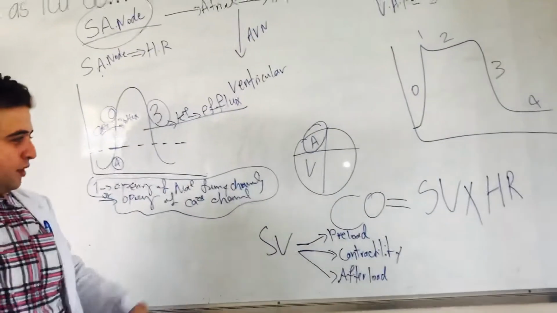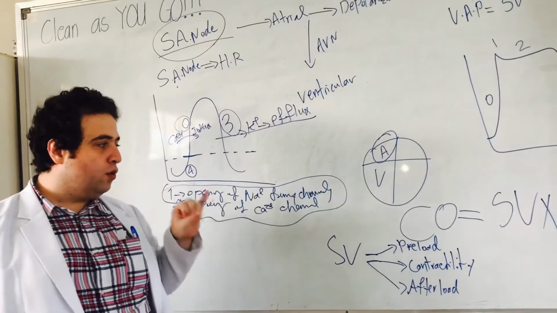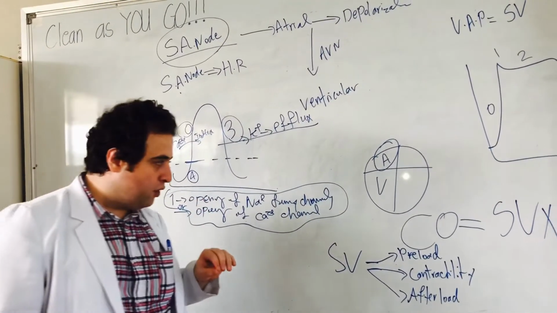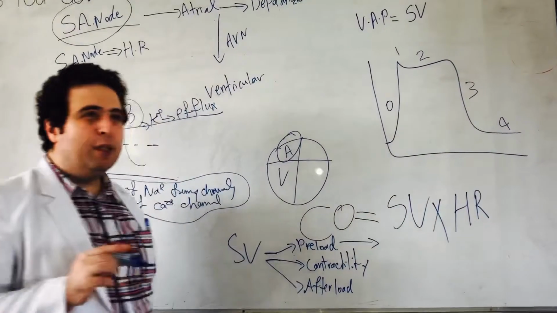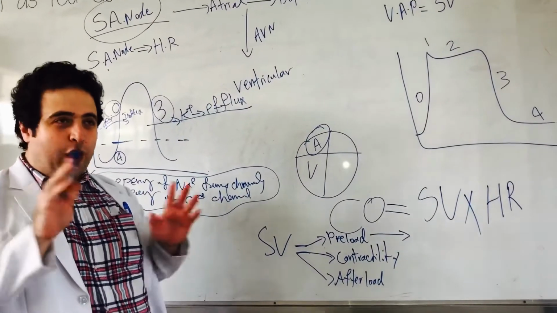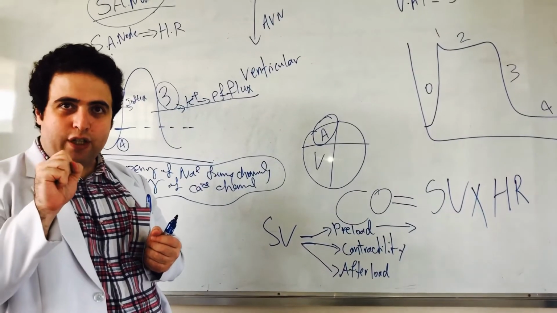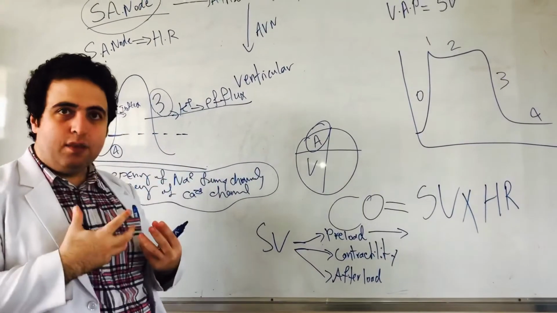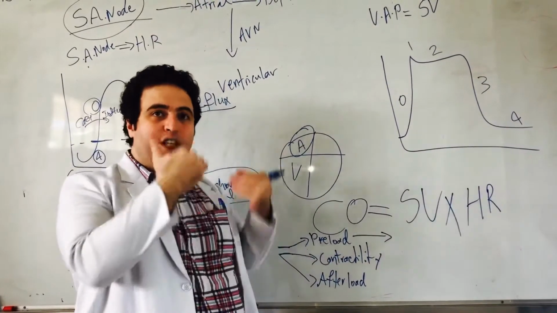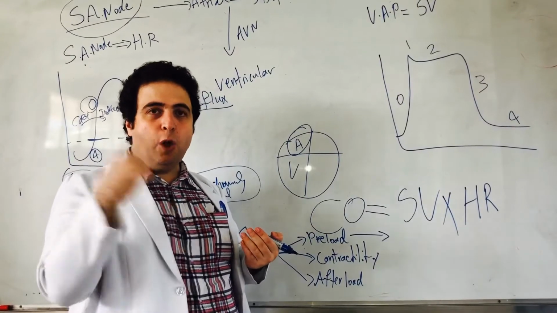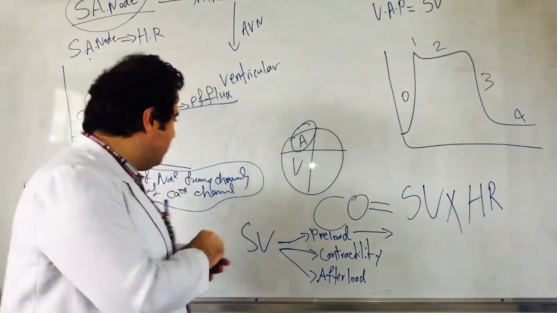So stroke volume is dependent on preload, contractility and afterload. What does preload mean? I always say to you, the load of the heart is what? Blood, right? The heart is loaded by blood. So preload means how much blood will return to the heart. How will blood return to the heart? From the venous system. You recall your anatomy.